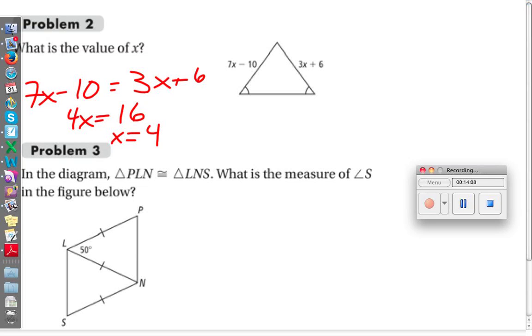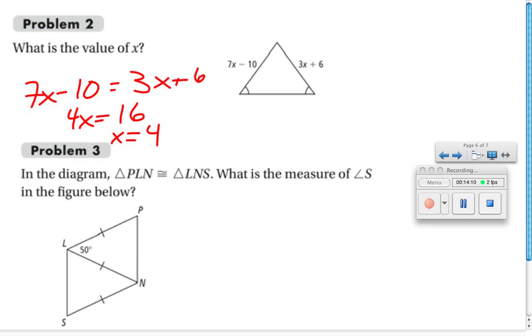All right, let's go ahead and talk about problem 3. Ladies and gentlemen, one person please give me not just the answer, but a process. Sarah. Name the angle that would also be 50 degrees. Three letters.